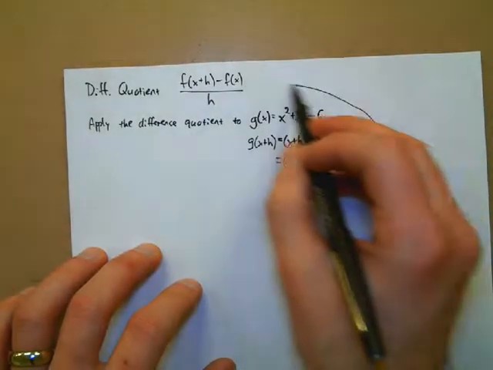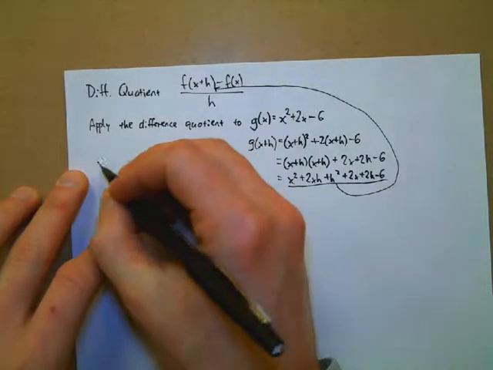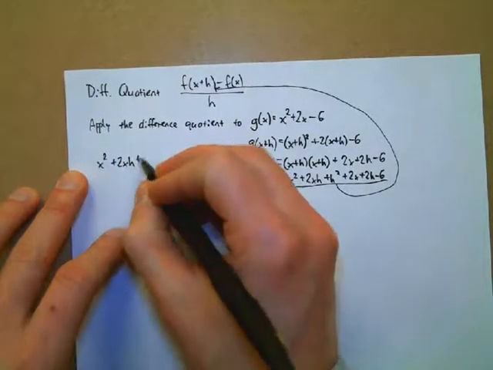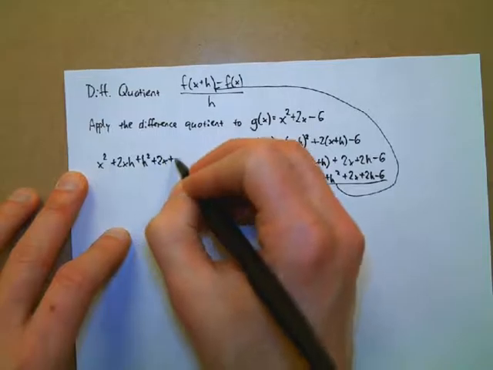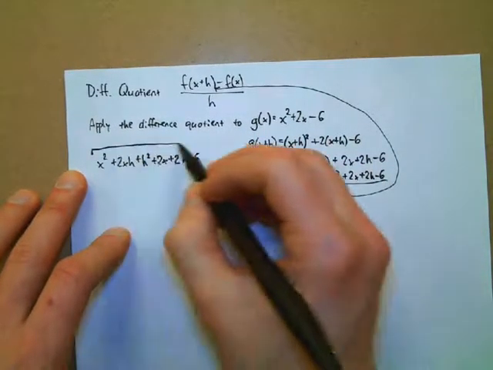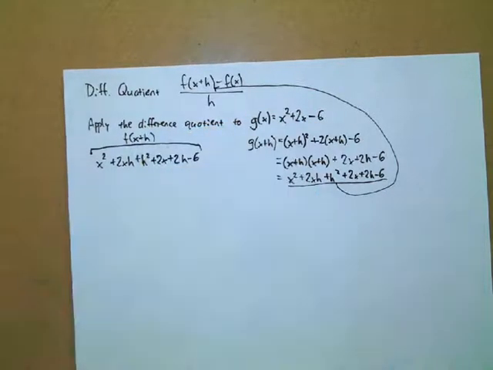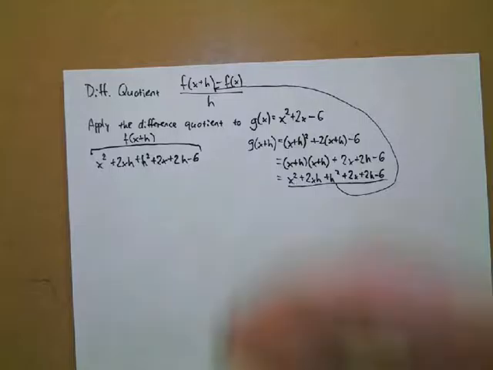This entire thing is f of x plus h. And then we will subtract g of x, or sorry, I guess it's really g of x plus h, not f of x plus h. And then we'll subtract g of x, which is just x squared plus 2x minus 6, all over h.